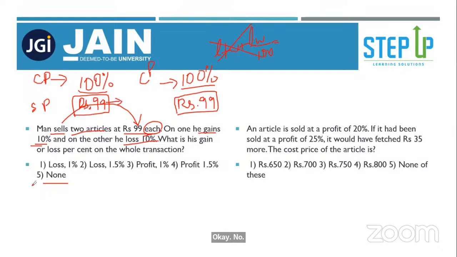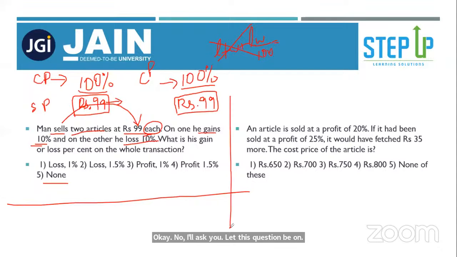I'll ask you, just let this question be on. Let's get back into this. Let's say that I'm buying a pen for 100 rupees, or $10, whatever, 100 rupees. Now I'm selling it to another person.